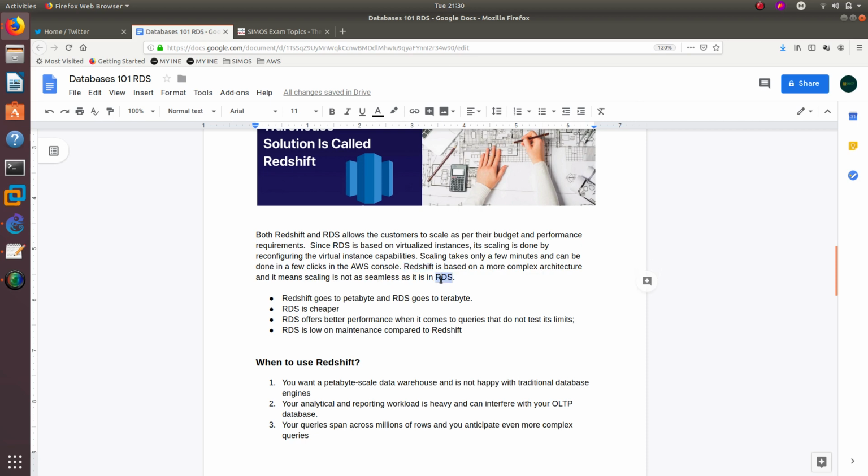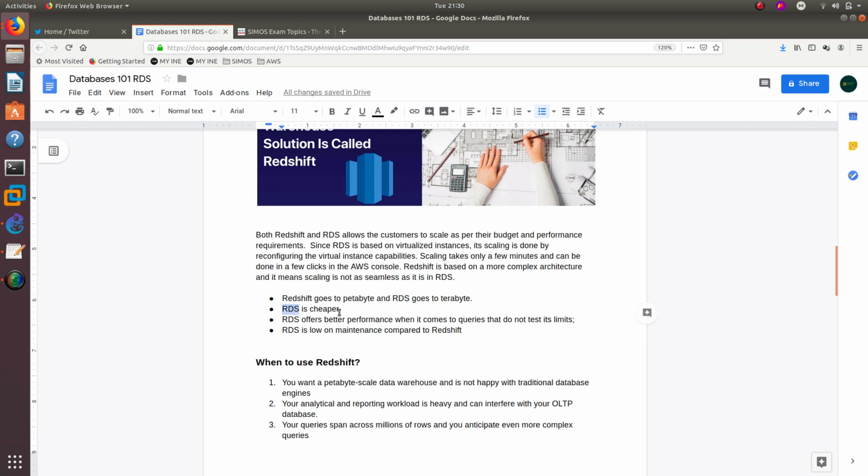So if you don't really need a big database, it is better if you go with RDS rather than Redshift. And Redshift goes up to the petabyte, and RDS goes to only the terabyte. So if you are going to be doing a lot of querying and a lot of stuff in your database that has to go up to these petabytes, then you want to go with Redshift instead of RDS.